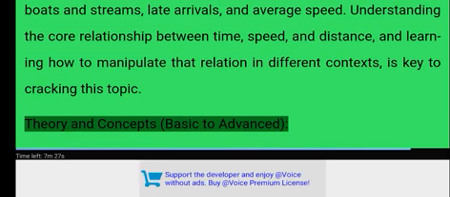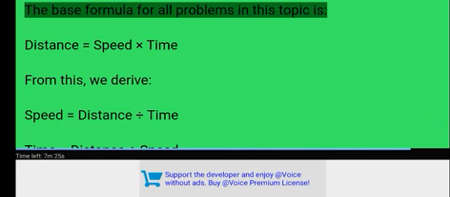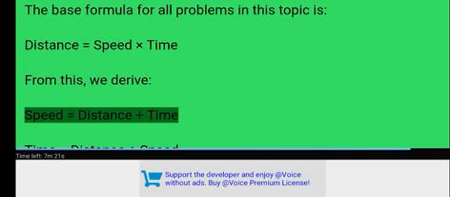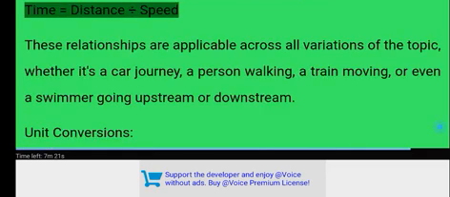Theory and concepts, basic to advanced. The base formula for all problems in this topic is distance equals speed times time. From this, we derive speed equals distance divided by time, and time equals distance divided by speed.